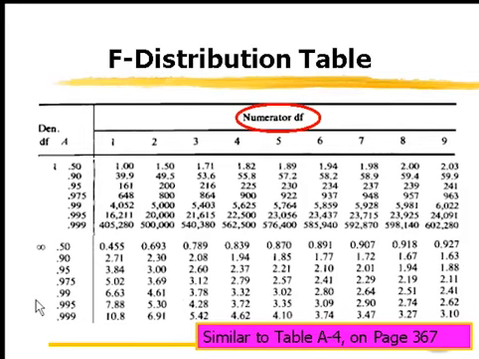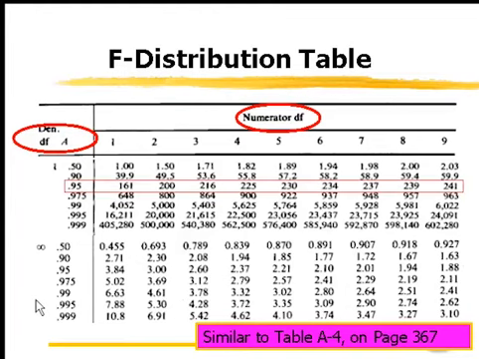So first, again, look at the numerator. Again, the numerator is the number of groups minus 1. The denominator then is actually 1. Well, we'll get to it in a couple of minutes, but it's actually the number of people minus 1 minus the number of groups.